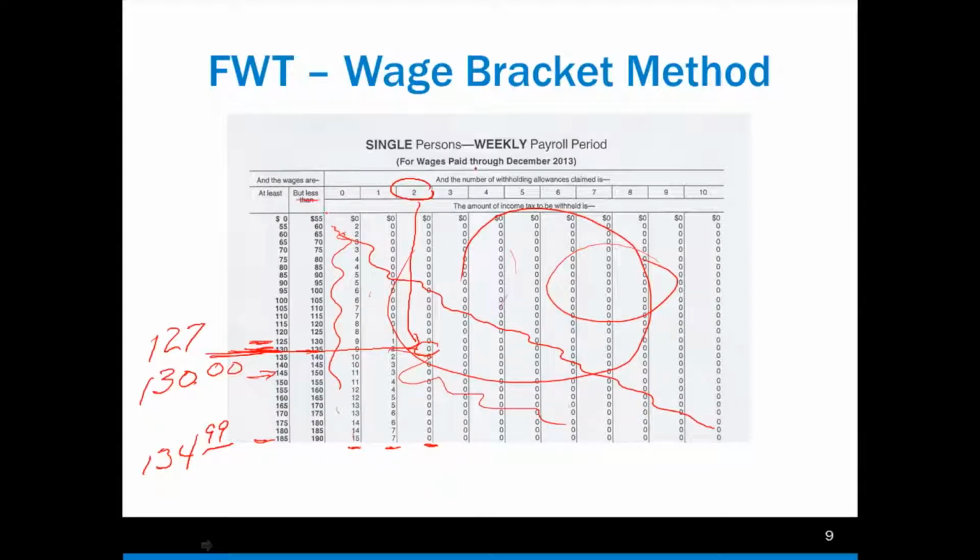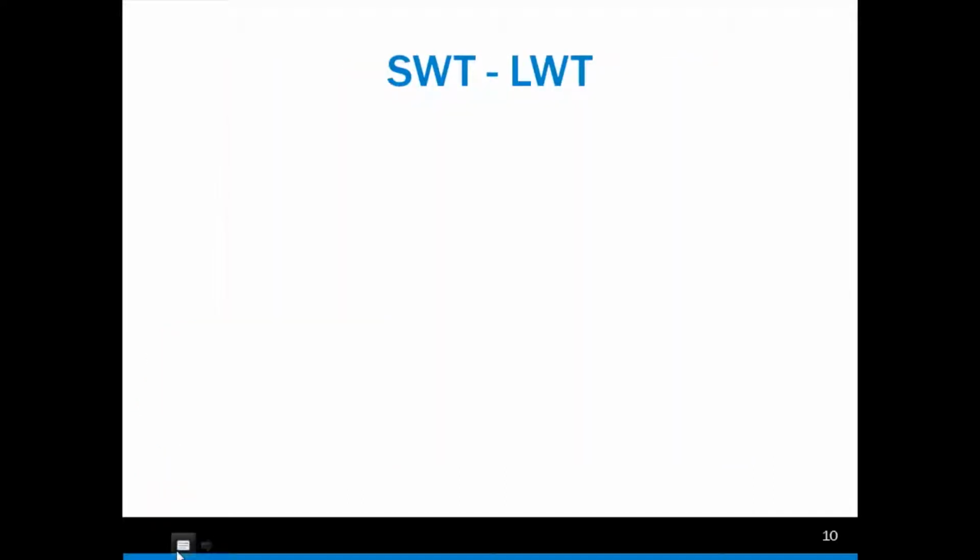So that's what the weekly payroll looks like on the wage bracket method, and that's it for federal withholding. Basically the 3 different ways: if I get your W-4, I see whether you're married or single, I look at how many deductions, and I either use the percentage method or the wage bracket method, or I use the computer to determine how much federal withholding is.